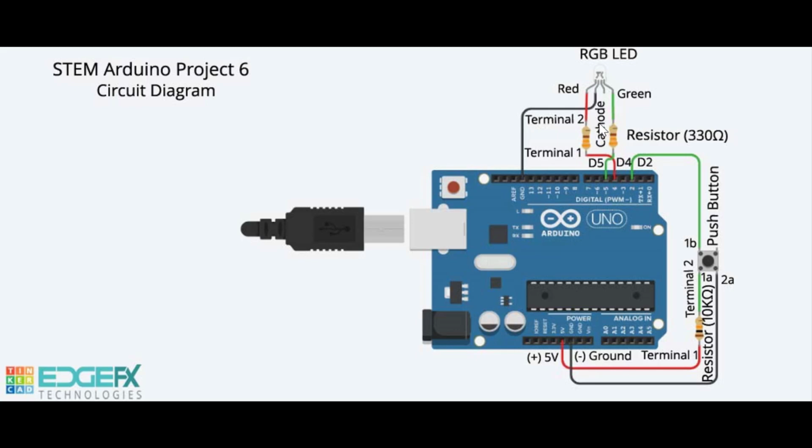And the red and green anodes of the RGB LED connected to the output pins D4 and D5 together then activate and deactivate periodically as per the sketch, finally giving flashing effect with a yellow light. When the push button switch is pressed again, the LED is off.